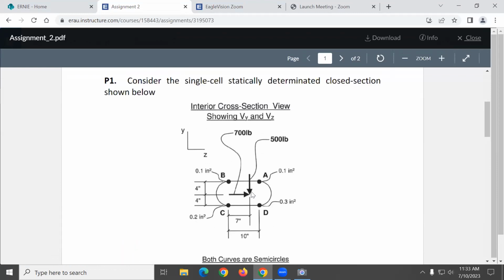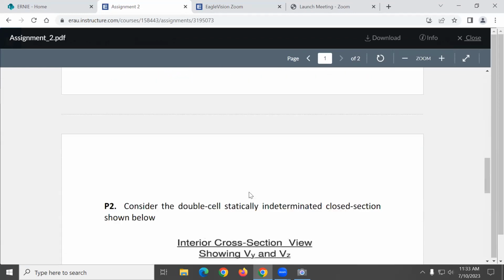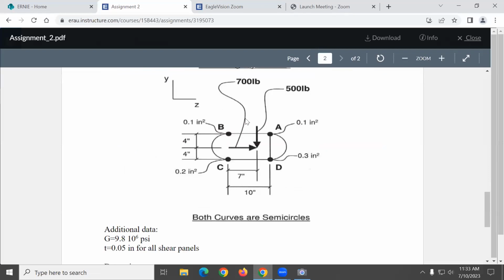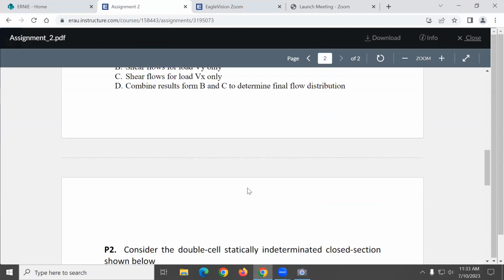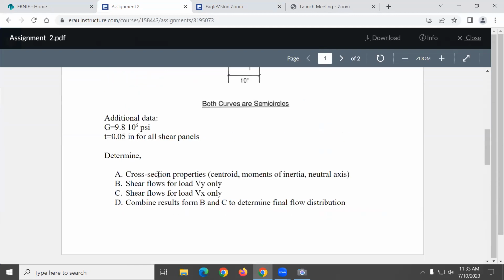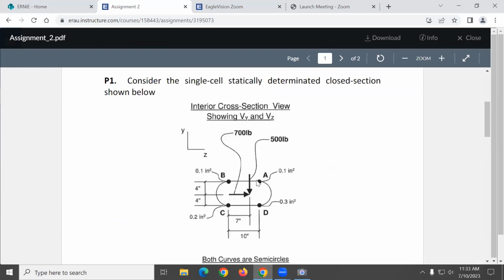So in this problem, like the other one, you see there's 2 shear forces, each one on a direction. Here I clearly say something. Part A, you find the centroid of the cross section. Part B, do the calculation only considering the force on the y direction.